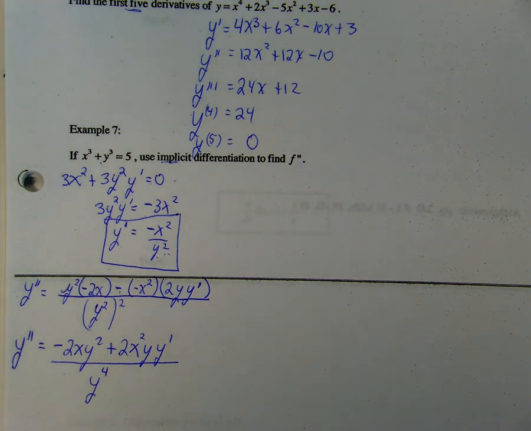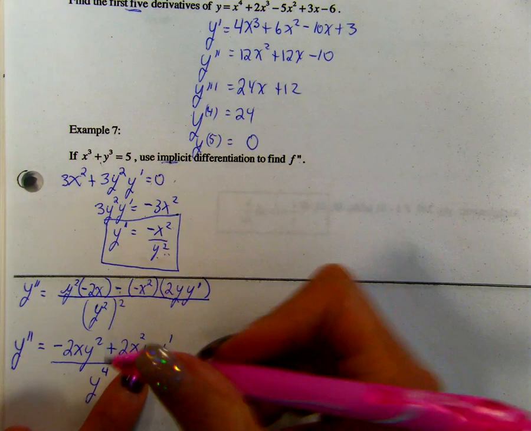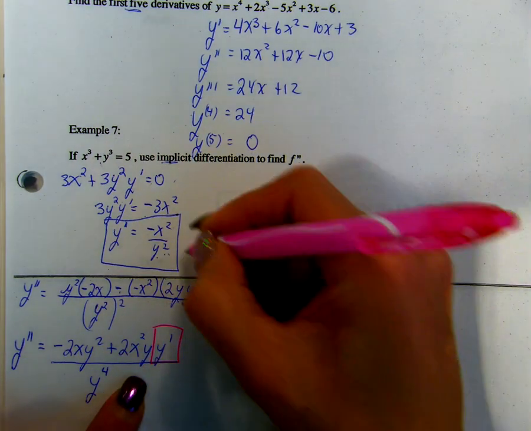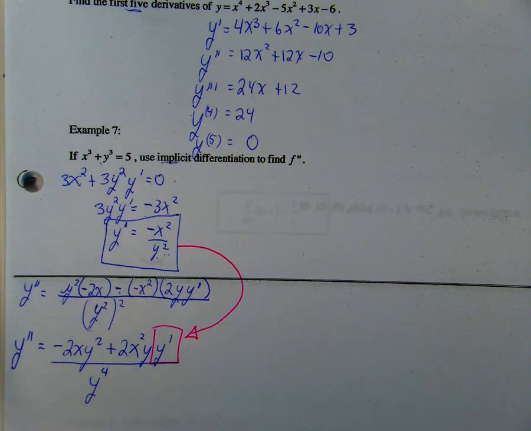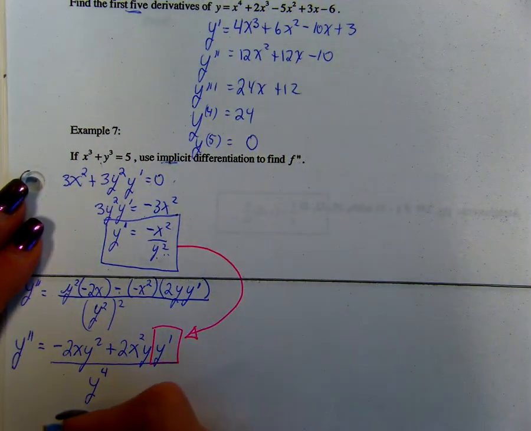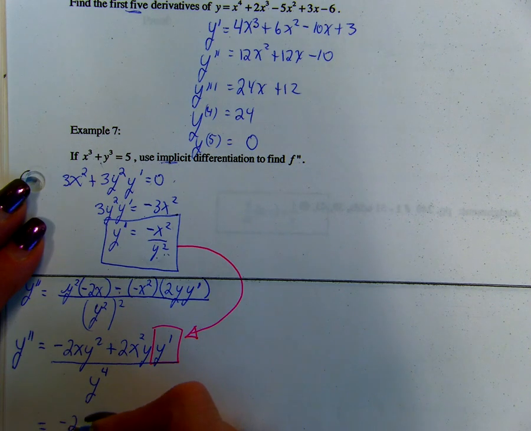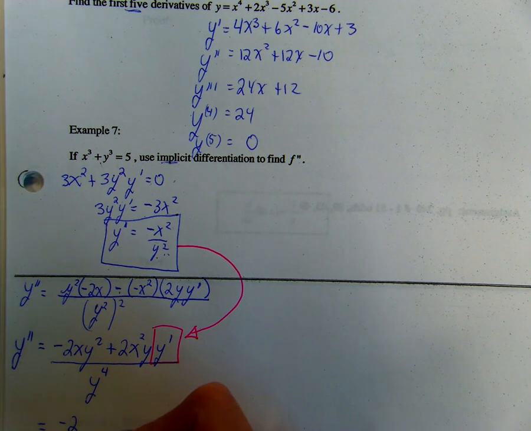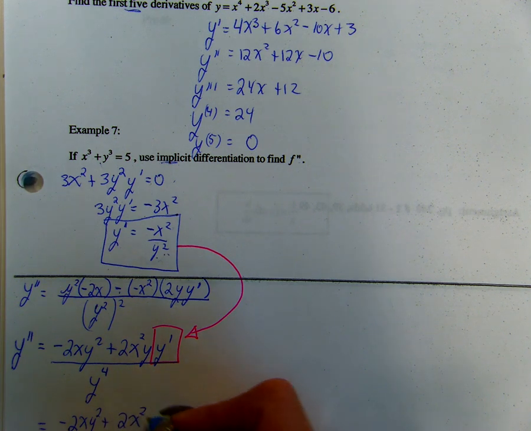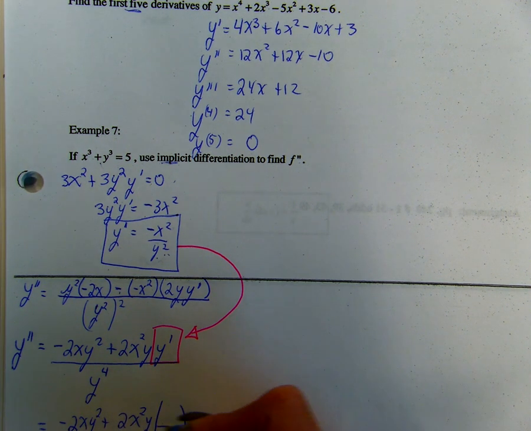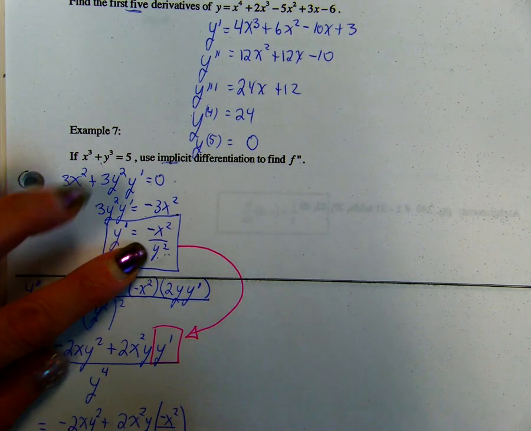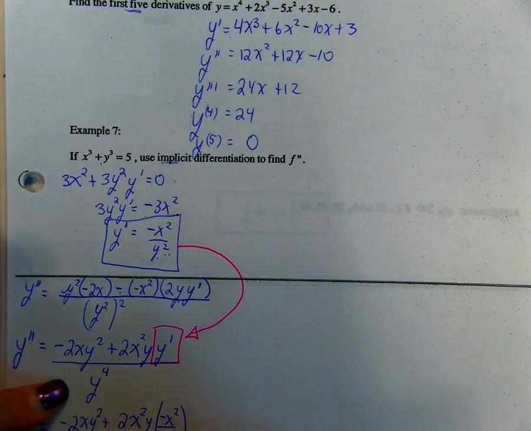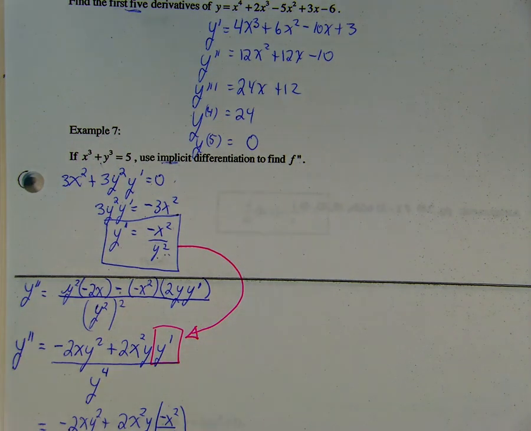Now you're going to substitute for y prime and then algebraically simplify that. So what's y double prime? Negative 2xy squared plus 2x squared y times y prime, and y prime is negative x squared over y squared, and the whole thing is over y to the fourth.